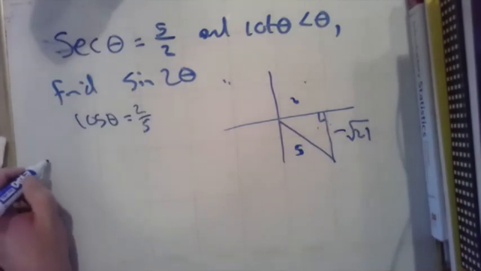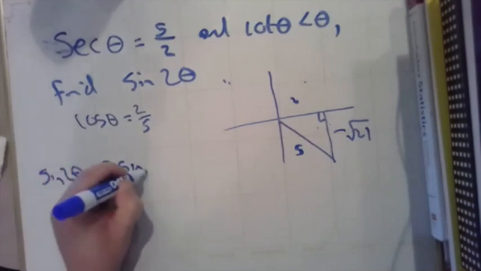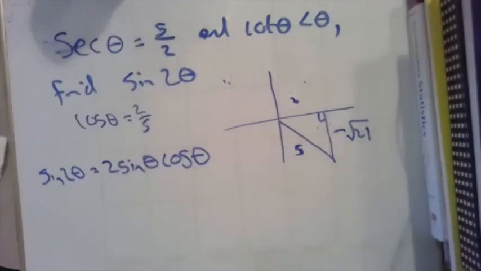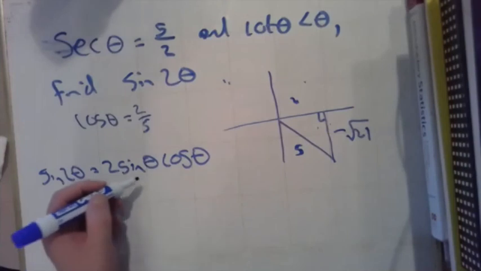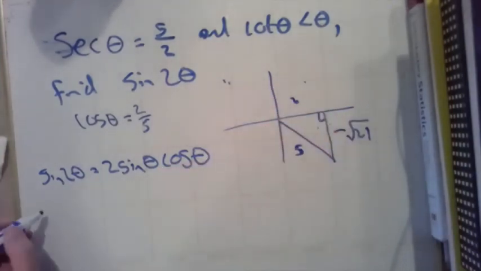Sine of 2 theta. Look into my formula sheet. You should check this. This is the formula in the formula sheet. Sine of 2 theta is twice sine of the original from the picture times cosine of the original.